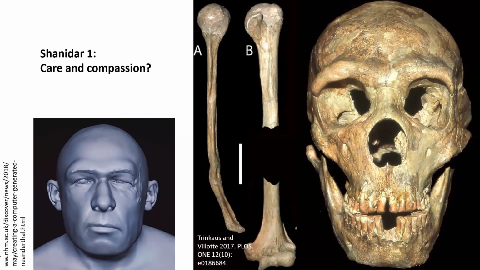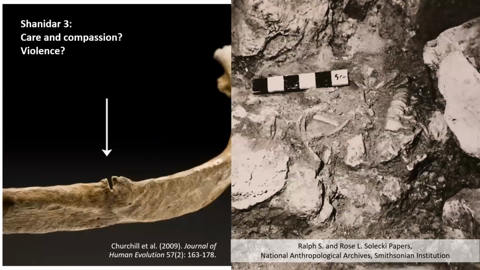Similarly, Shanidar 3 has been used as an example of potential care and compassion, but also of violence. This is the left 9th rib, and you can see here a projectile injury quite clearly, but some healing around it. So the argument is that he would have had to survive a number of months to get this healing, and yet he would have required some care.